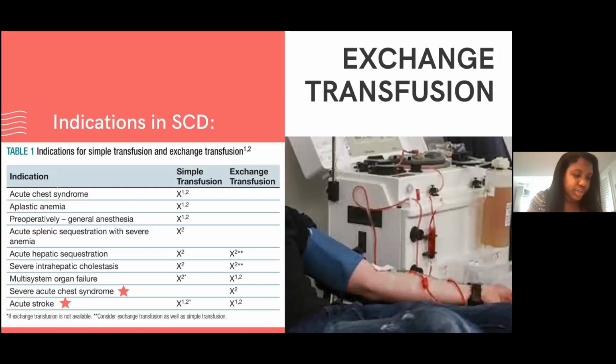So exchange transfusion, getting into Anka's question earlier, how do we actually do that? This requires a pheresis line or a dialysis line for the patient. The way it works is it involves removing the patient's blood, giving them blood back, and lowering the concentration of hemoglobin S and diluting it out essentially.